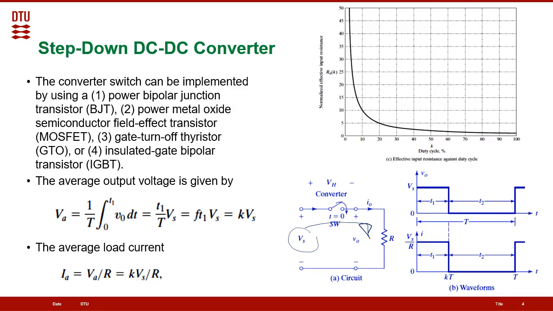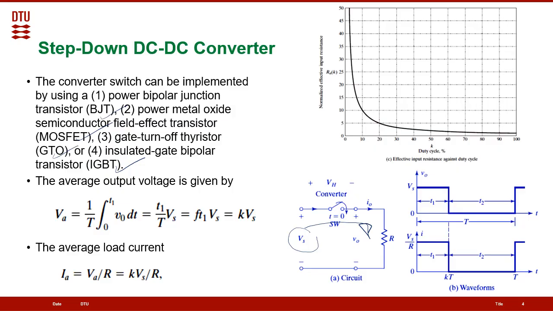As the on time increases, the output voltage across the resistor will increase. I mean here the average output voltage, because the output voltage will just be switching. For this switch, we can use any sort of switch: a BJT, a MOSFET, an IGBT, or also a thyristor to do the switching.